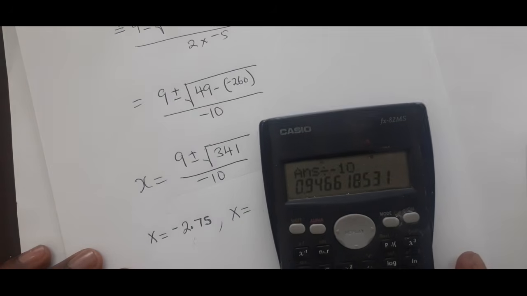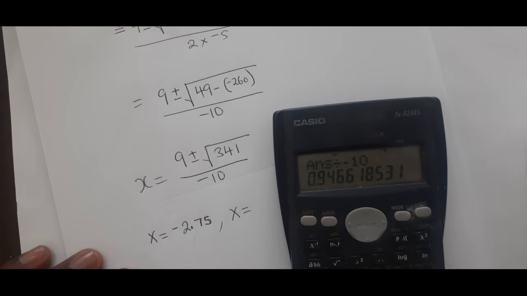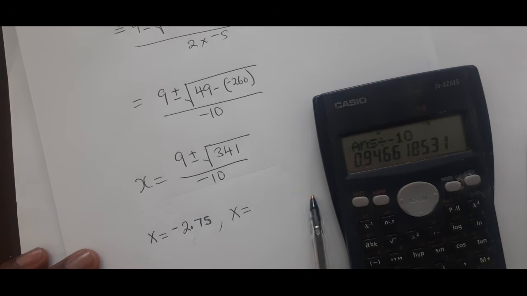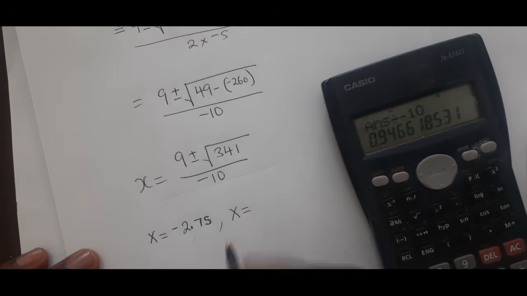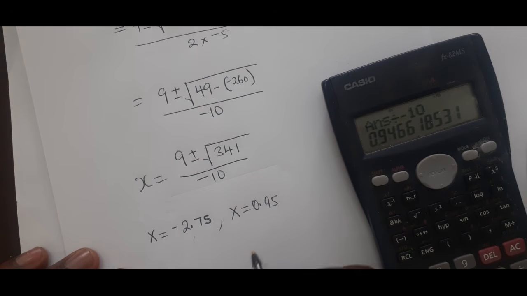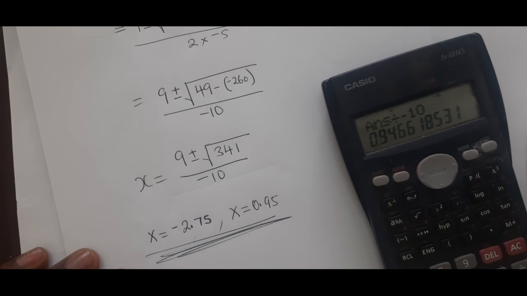Have you seen what you're getting? You're supposed to write this in full before you round off. So when we round off to 2 decimal places, we're going to get 0.95. So these will be the values of x.